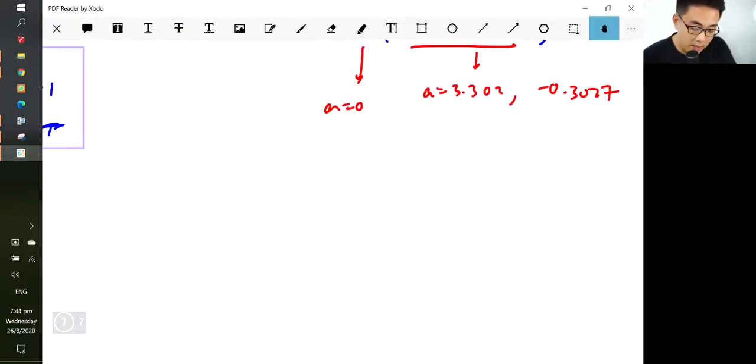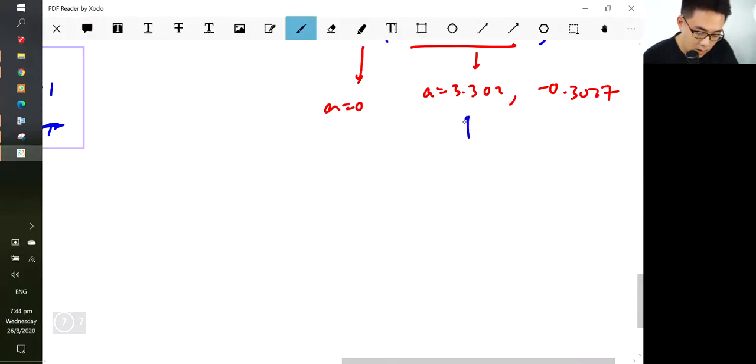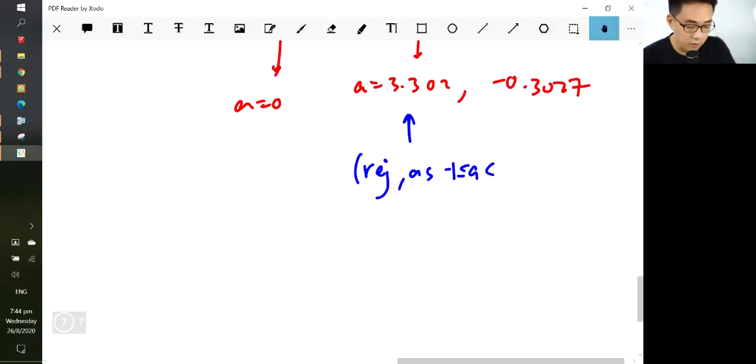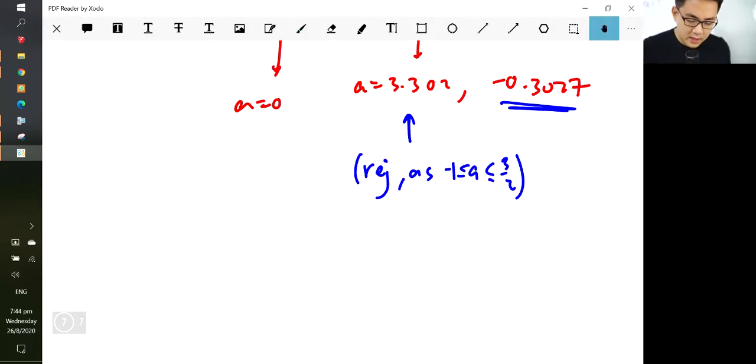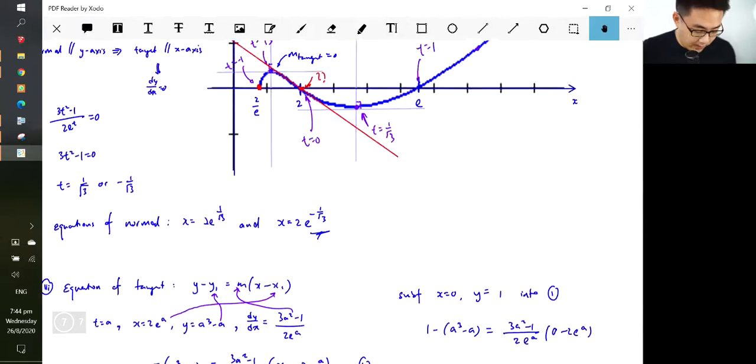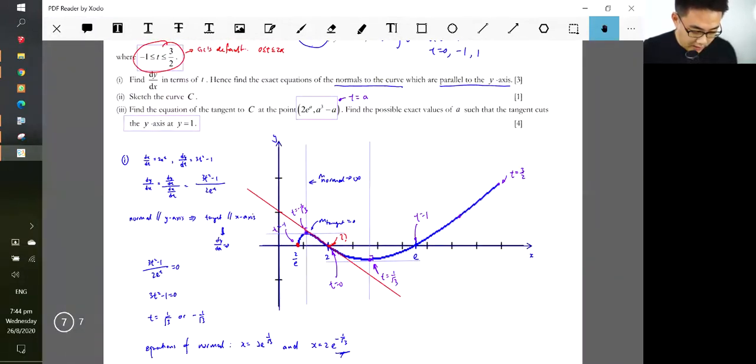That's why you reject. So it means you need to proceed to find this exact value. They want the exact value, right? Find the equation, possible exact values.